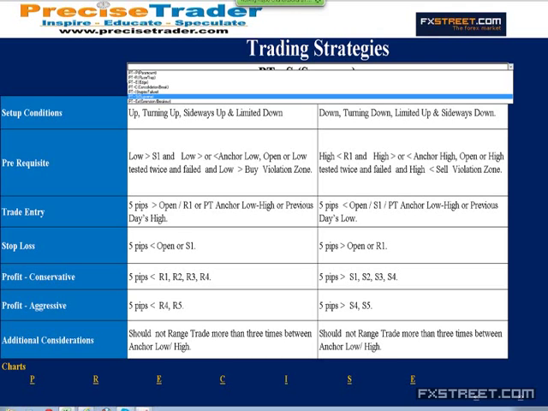So when you know the registered low or registered high together with the trend definition, then we are able to identify the strategy very clearly and very precisely.